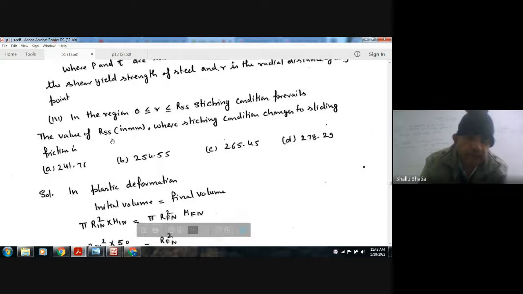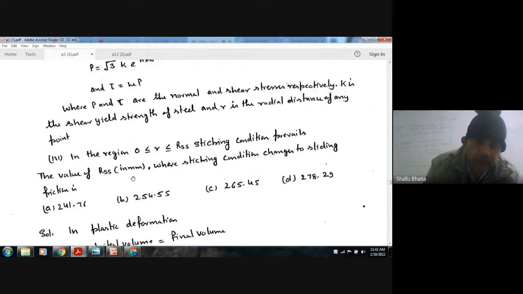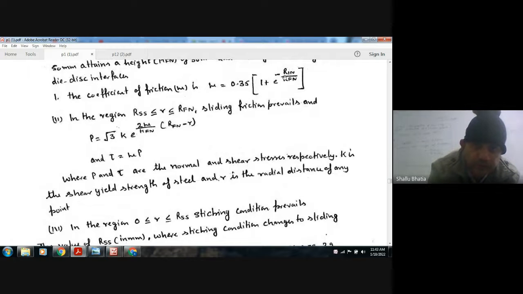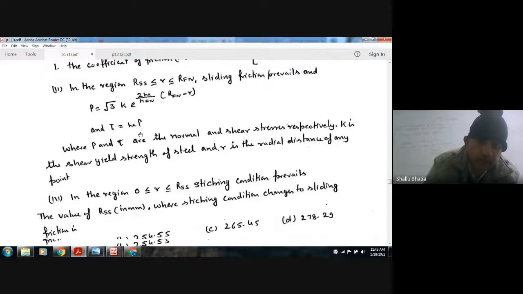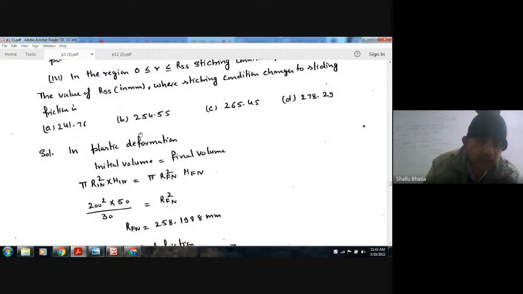First of all, we'll find out all the values that we have to use: r_fn, h_fn. In plastic deformation, total initial volume is equal to total final volume.